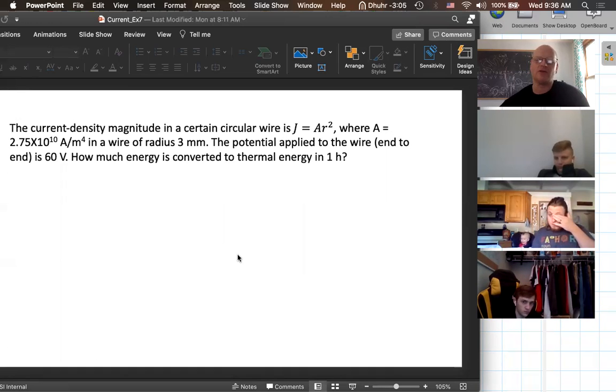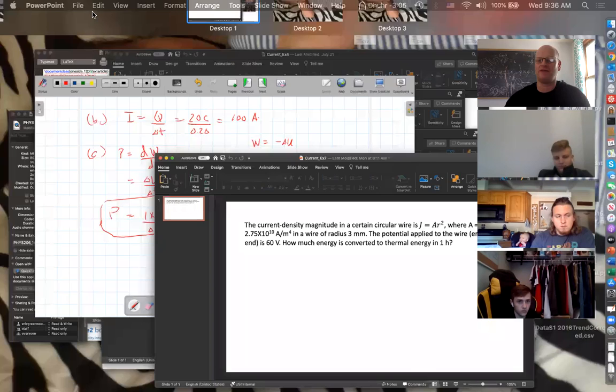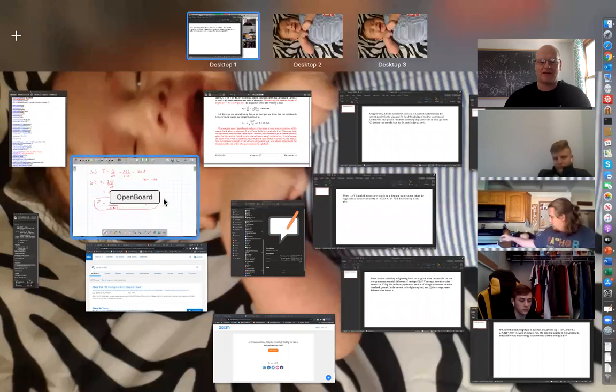The potential applied to the wire end to end is 60 volts. So we want to know how much energy is converted to thermal energy in 1 hour. So this is what we want to know.